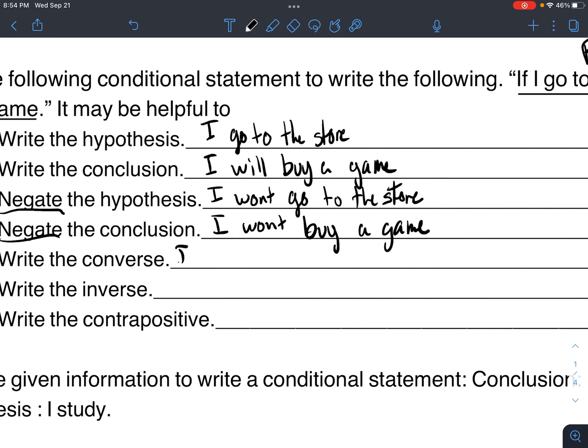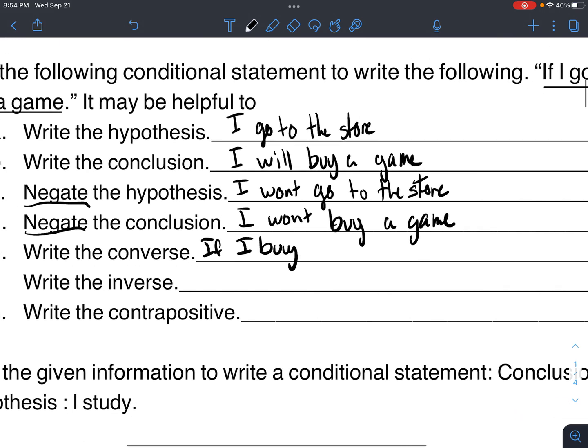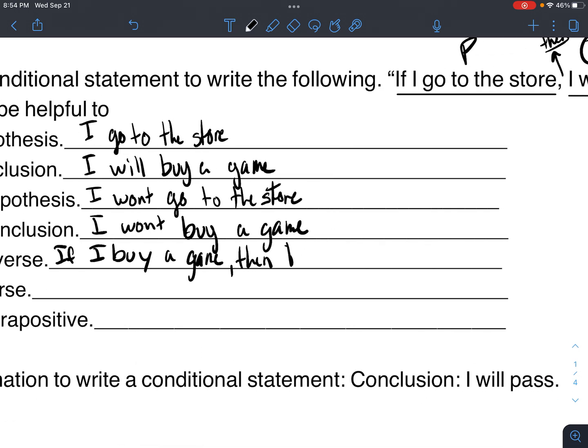So now we're going to do the Q first. So if Q, so if, let's use a capital letter. If I buy a game, then I will go, I cannot write, to the store.